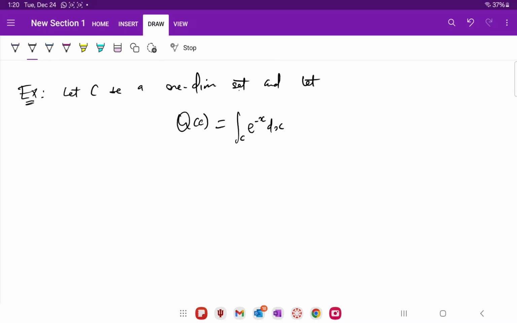Okay, so we want to find Q of C i when i equals 1, 2, 3, and 4.